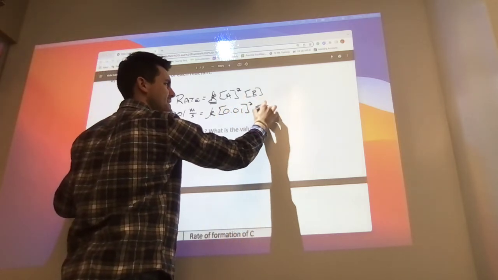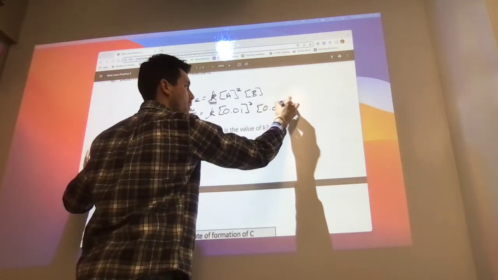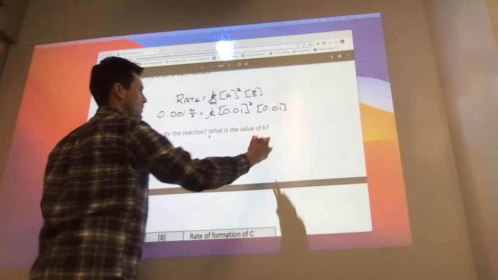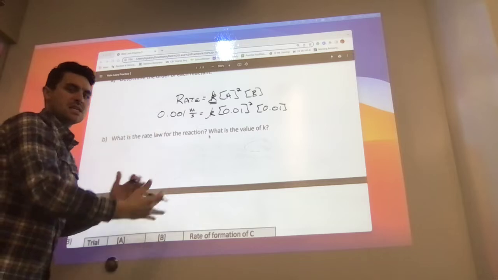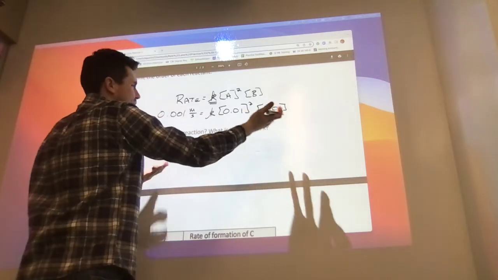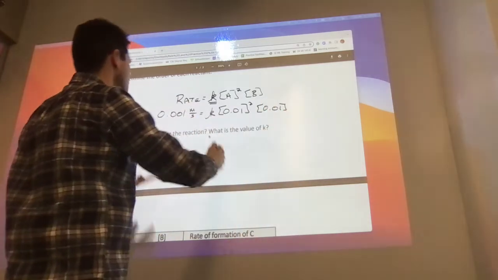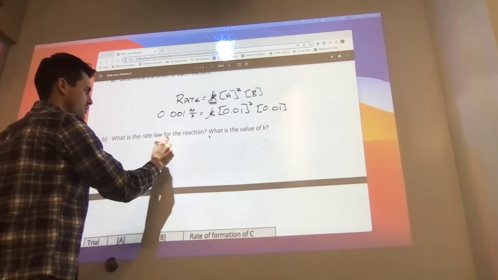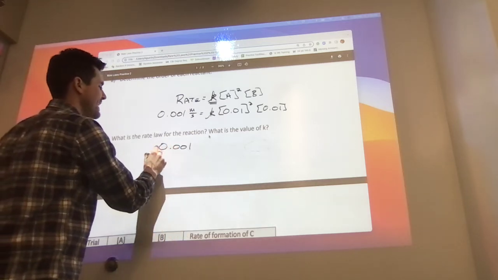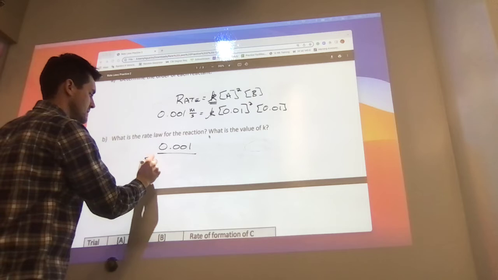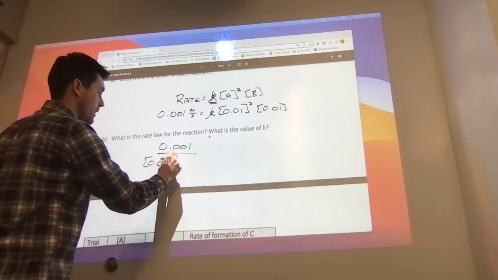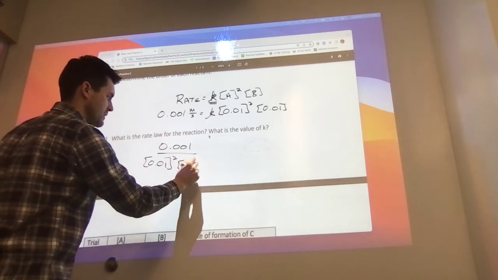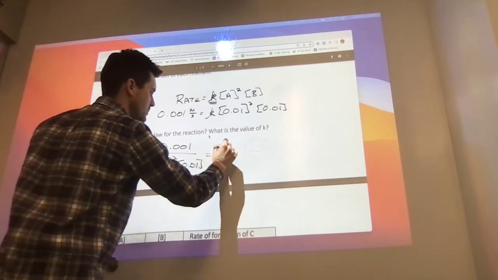I've got to square that, times 0.01, which was B's concentration to the first power. If I start thinking this through, this ends up being really 0.01 cubed, but I'm not going to do that to us. Let's go 0.001 divided by 0.01 squared times 0.01, that equals K.